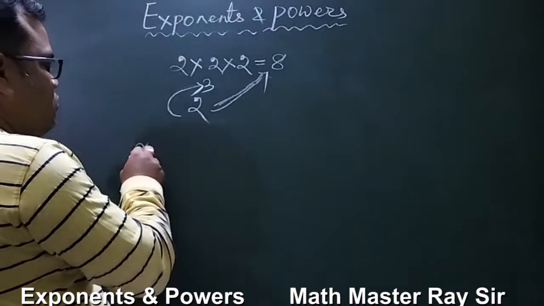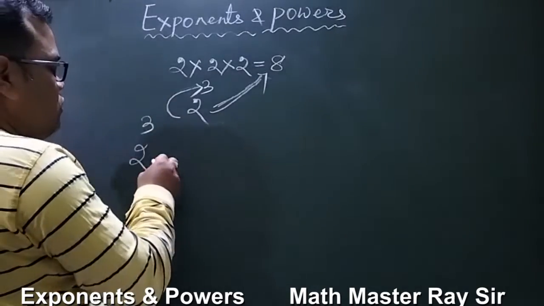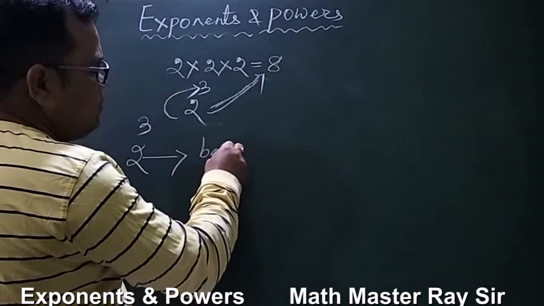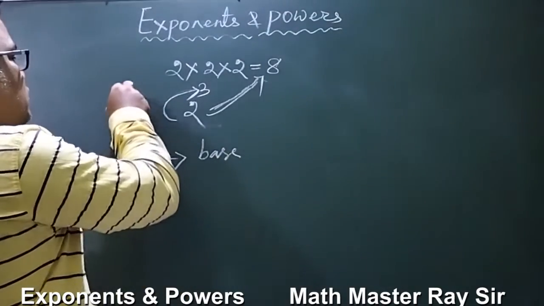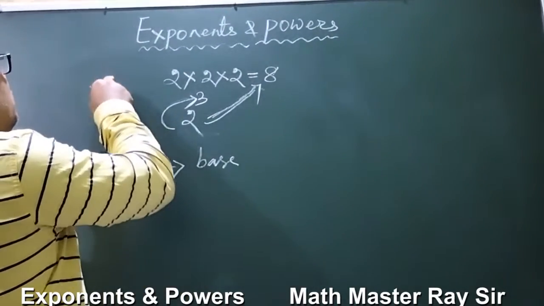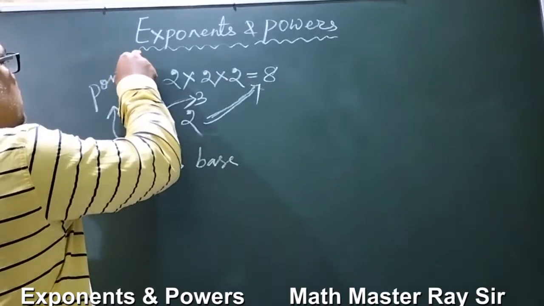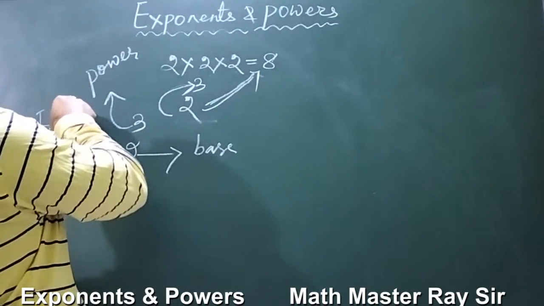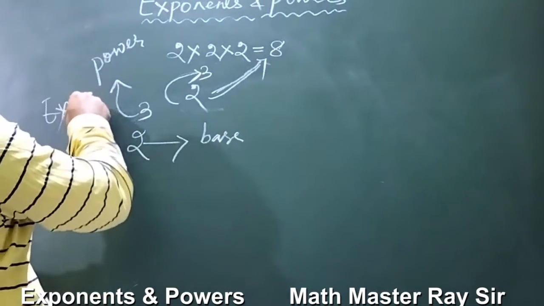Here, in case of 2 to the power 3, 2 is known as the base and 3 is known as the power or exponent.